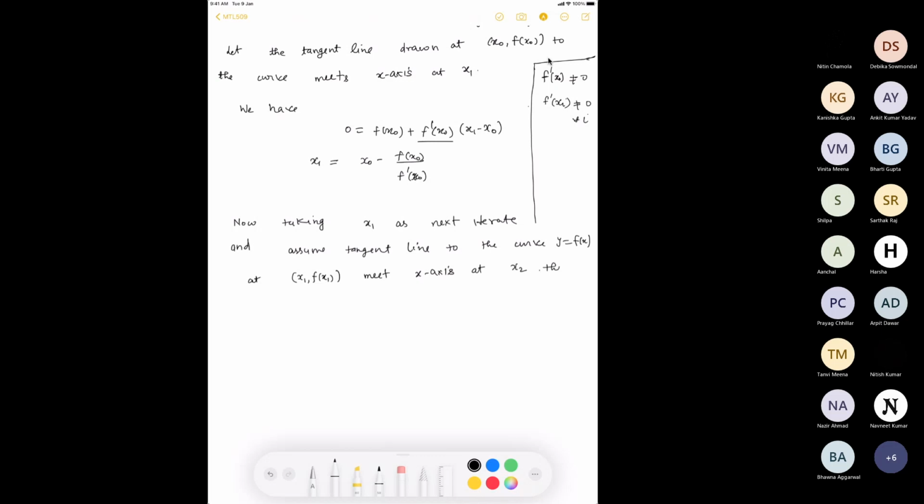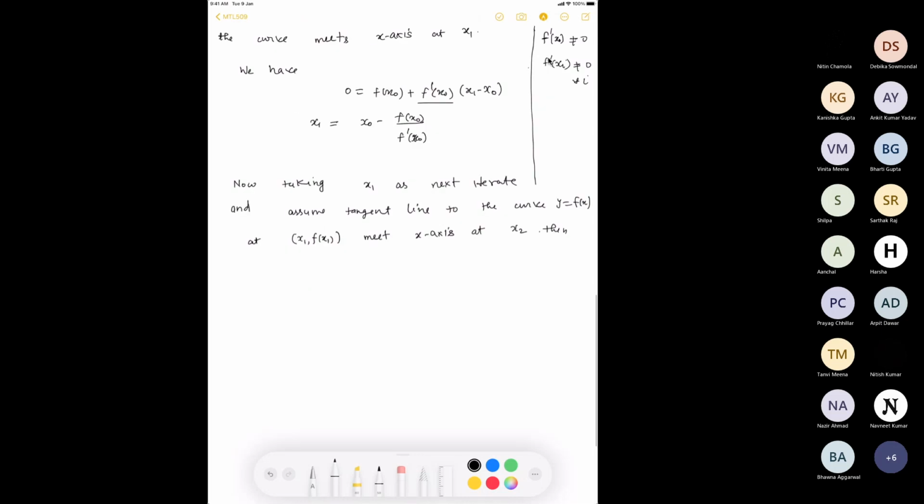Then, as in the previous case, we will find that x2 is nothing but x1 minus f(x1) divided by f prime of x1.